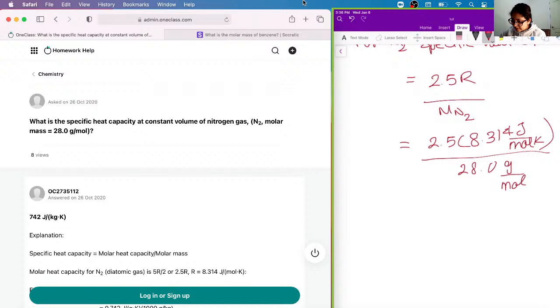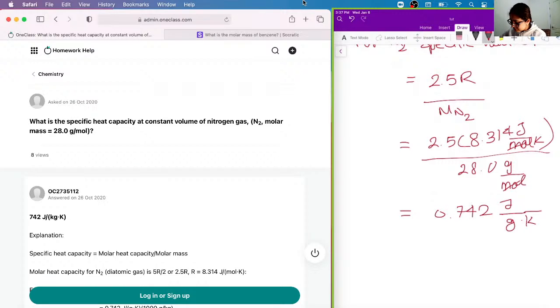Now we can just compute this, and what we get is 0.742 joules per gram Kelvin, since the moles cancel out.